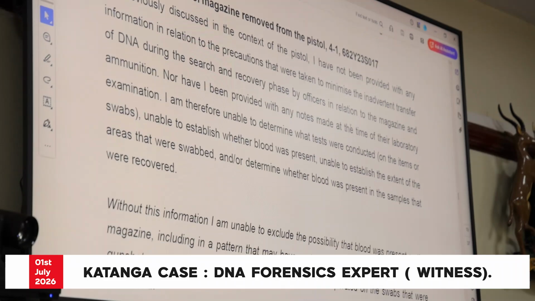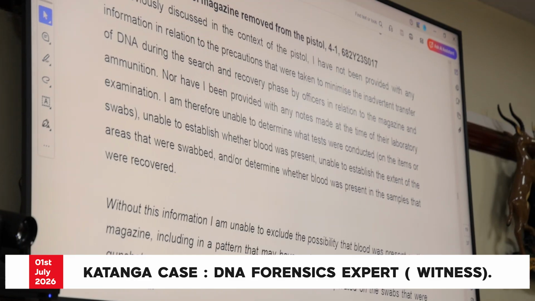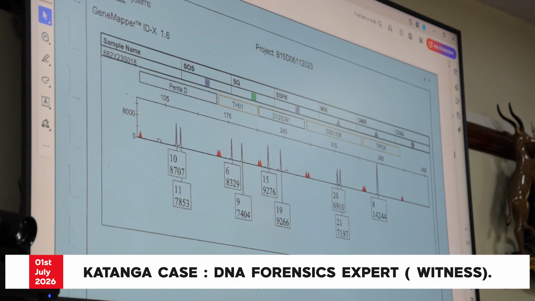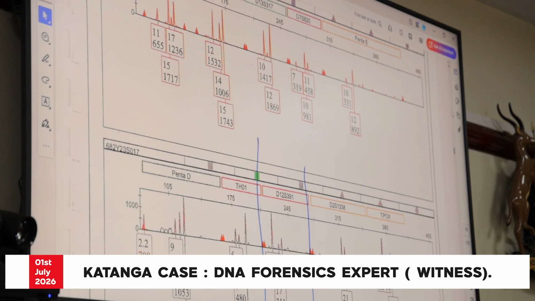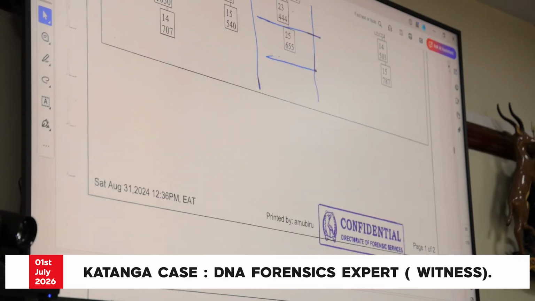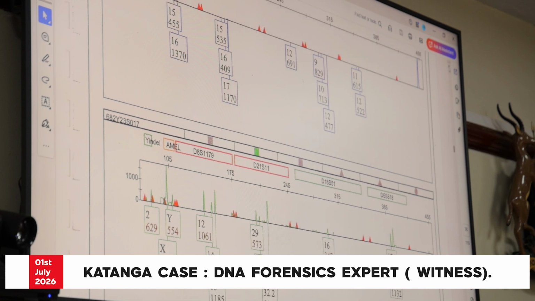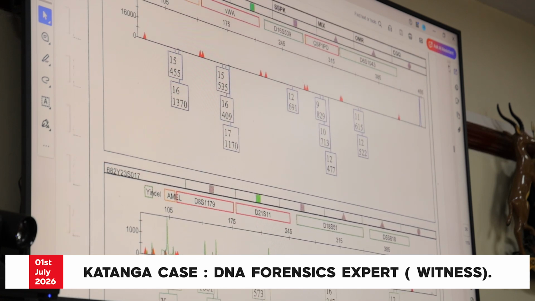Okay? If we could just quickly go to the electropherogram for the magazine. You'll tell us what page of D5 it is. So the magazine is sample 17 and the EPG is page 38.